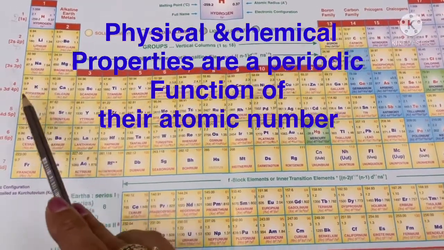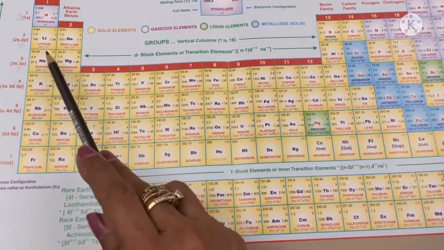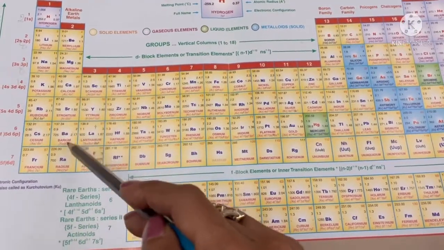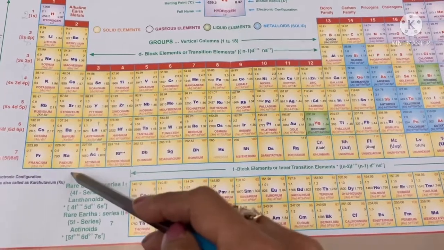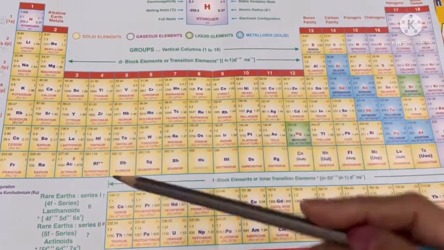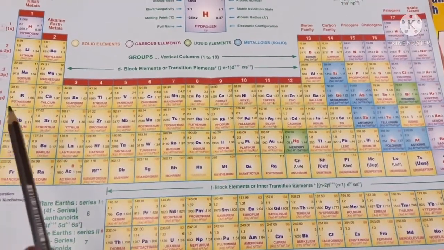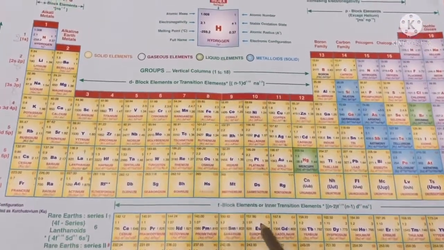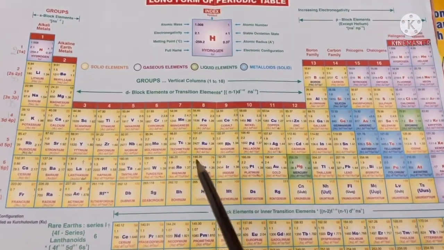So lithium, sodium, potassium, rubidium, cesium, francium, all of them have similar properties. Similarly, beryllium, magnesium, calcium, strontium, barium, radium also have the same properties. So similar properties are repeated in a vertical column, while they keep changing from left to right. That is why we call it a periodic table.